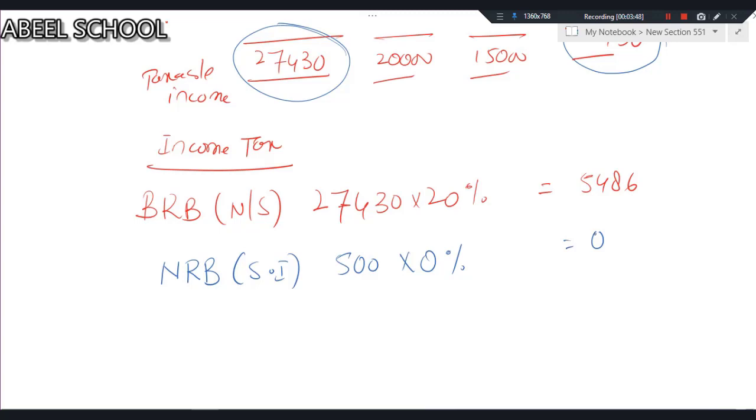Now we need to check how much space, how much limit is left in the basic rate band. The total limit of the basic rate band is 37,700. From this, we need to deduct 27,430, then deduct 500. Now let's see how much space in the basic rate band is left.